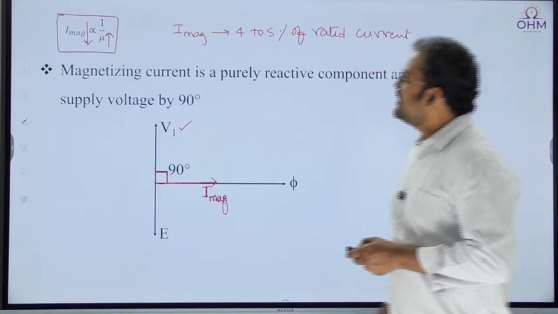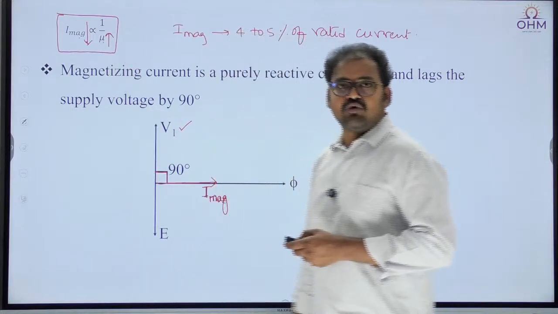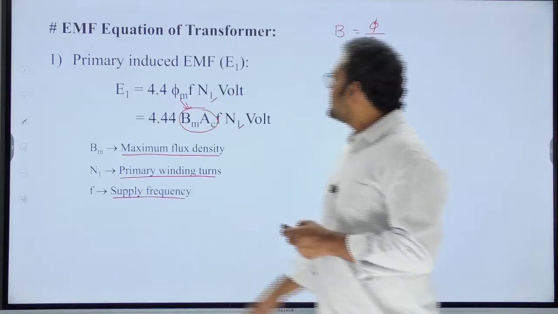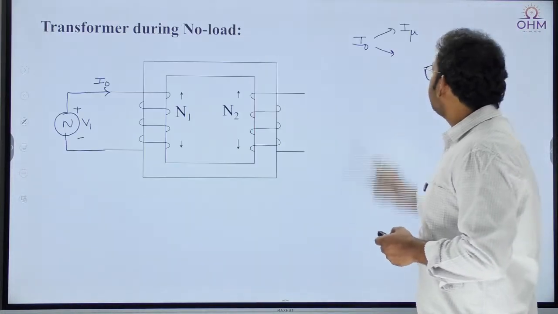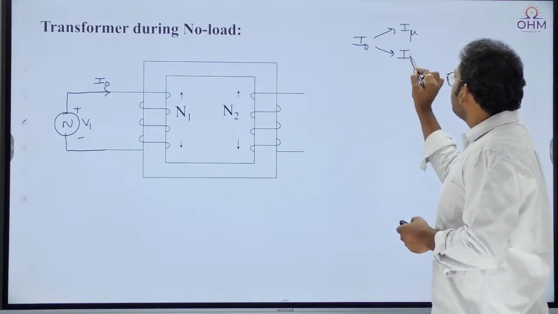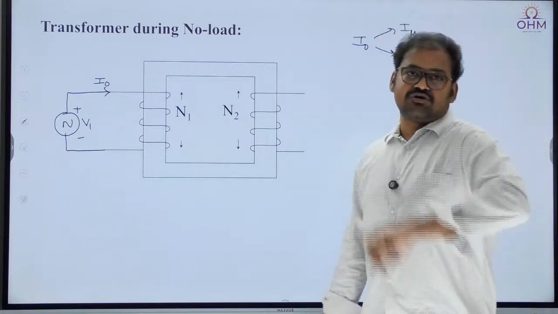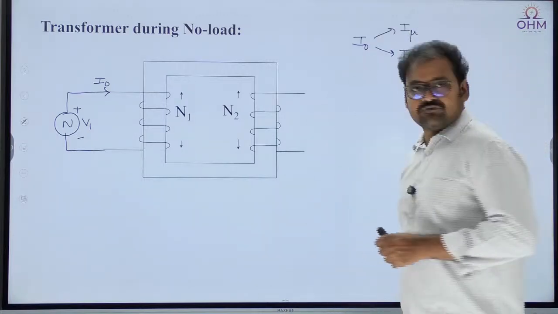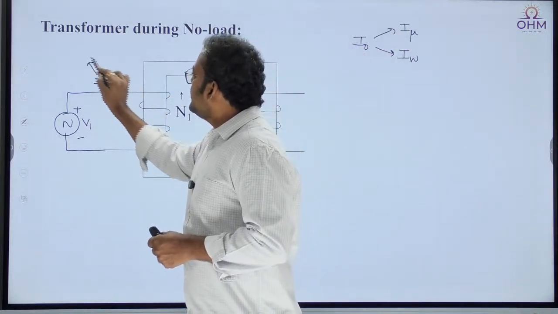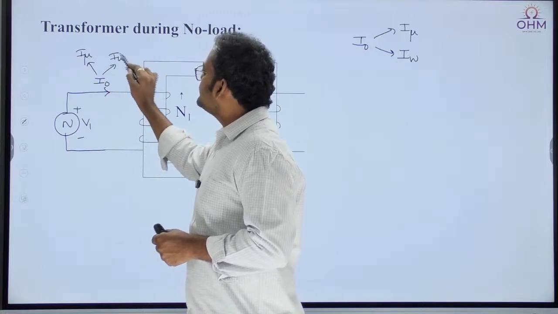Because I told you already, magnetizing current will depend upon the permeability of the magnetic core. As permeability decides the magnitude of magnetizing current, that's why I am using the suffix mu. And there is another current component drawn by the transformer known as the loss component current, indirectly the iron loss component current IW. So this I0 will have two components in it: one is I mu, another one is IW.